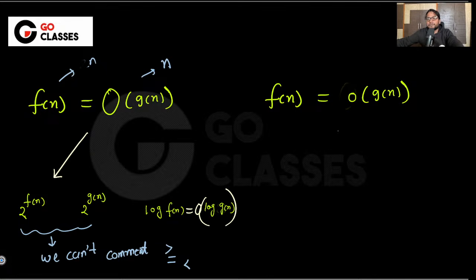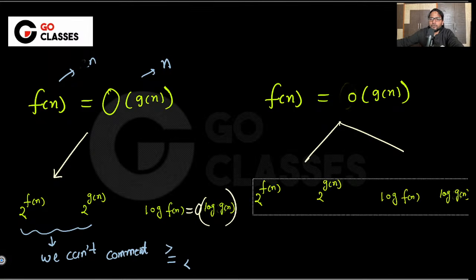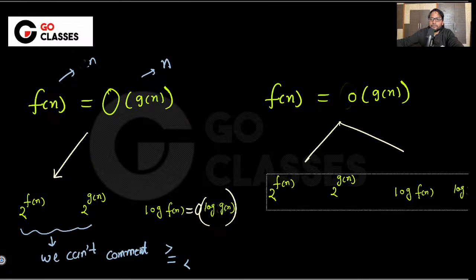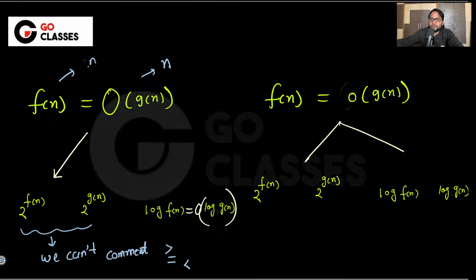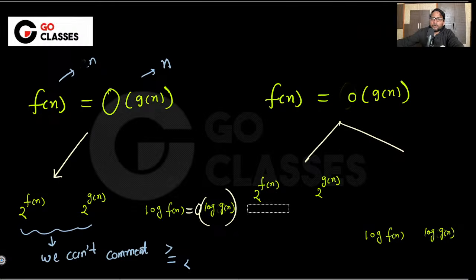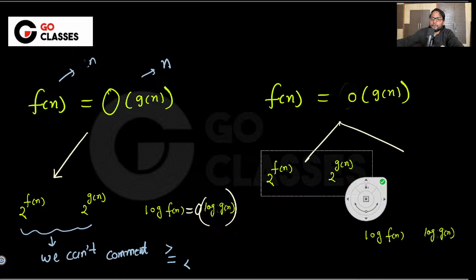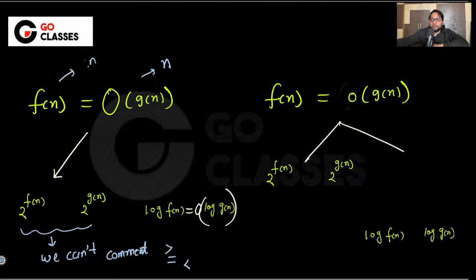So what about this? If this is small o, what about log? Since log can't reverse the role, first let me just write for the log.